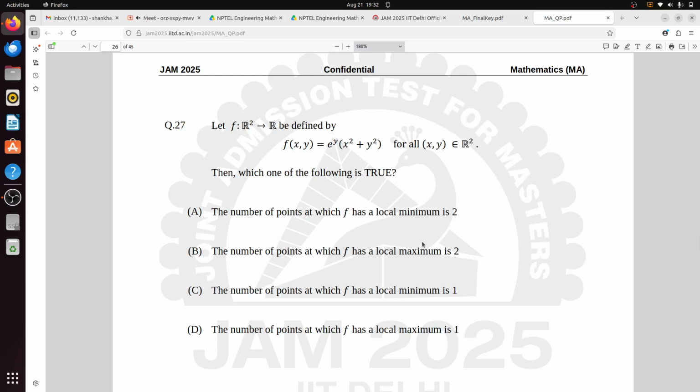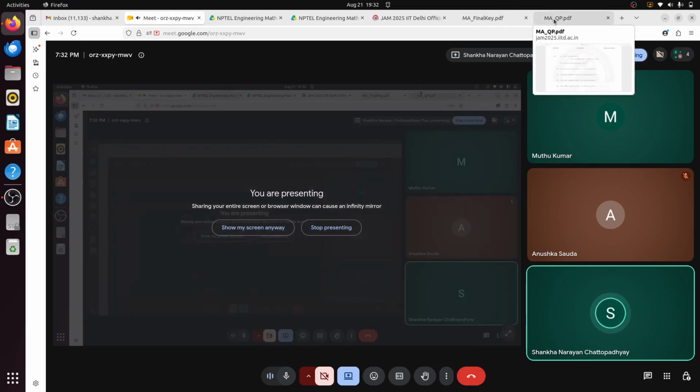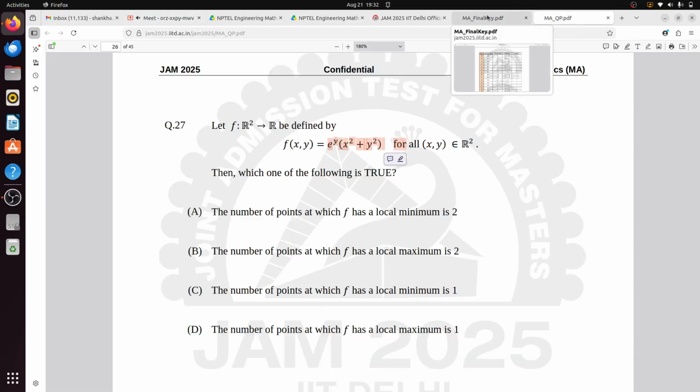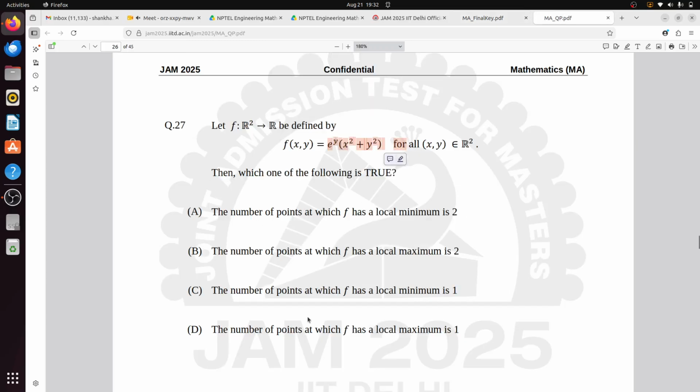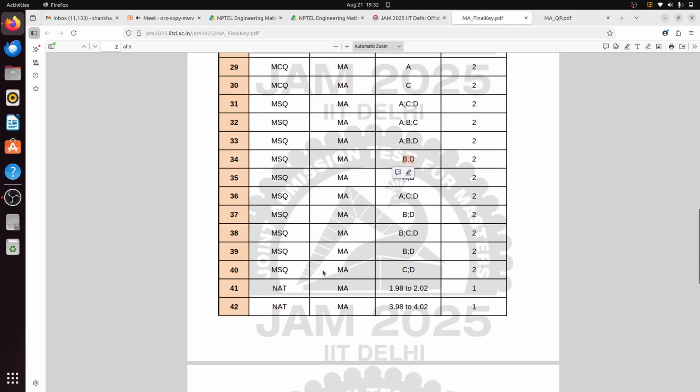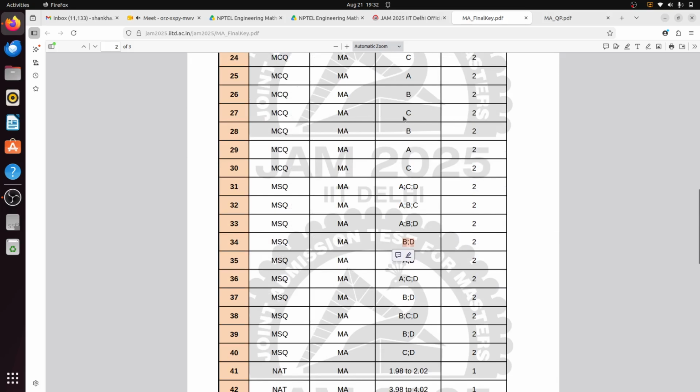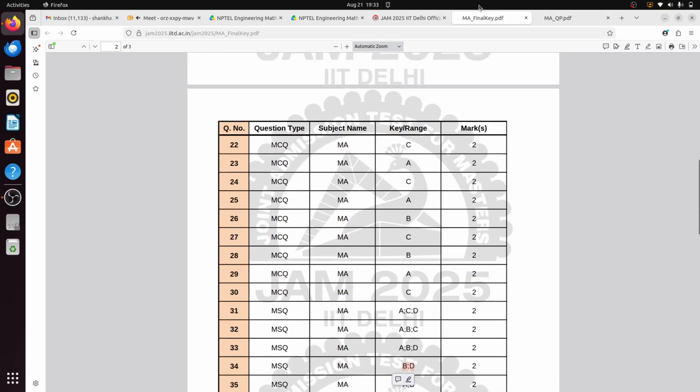So it has a local minimum. The number of points at which f has a local minimum is 1, option C, that is 0,0. Otherwise it will always be positive, just like x minus y whole square. So the answer of this problem will be option C, and for this problem you will get 2 marks. Easy problem.